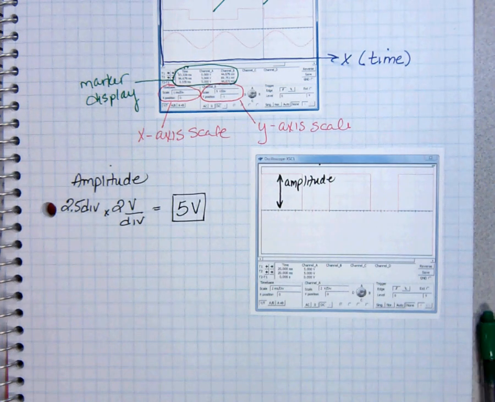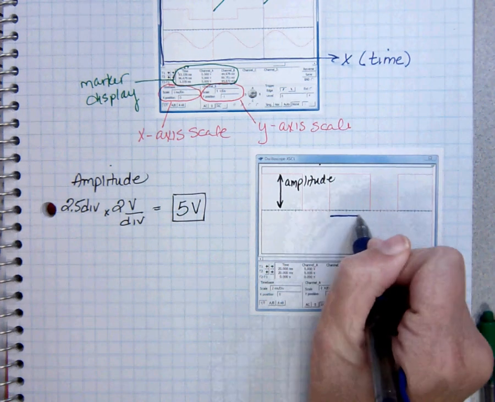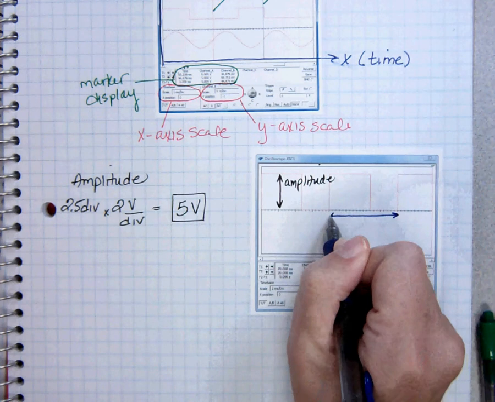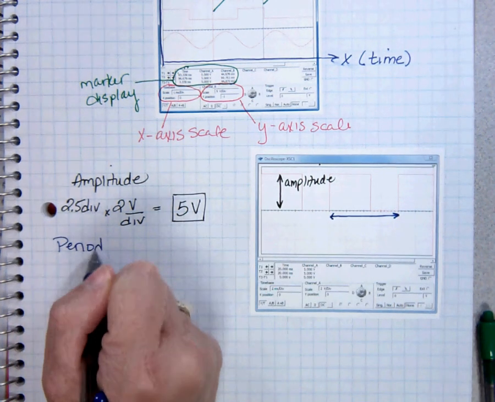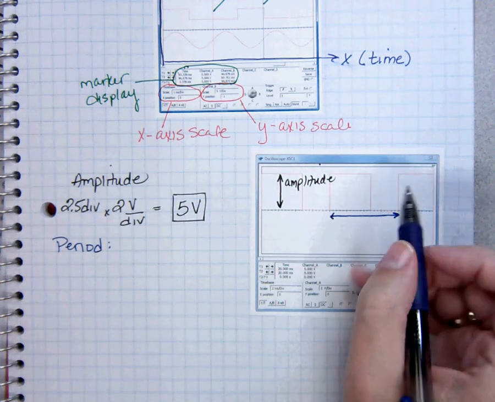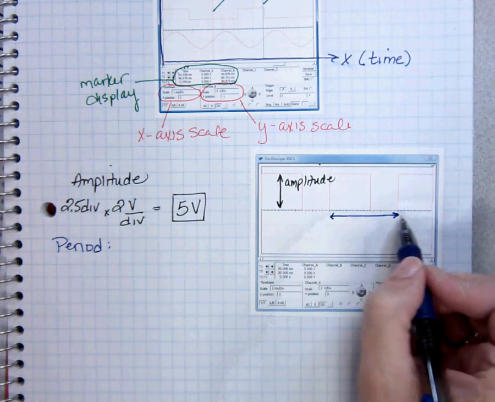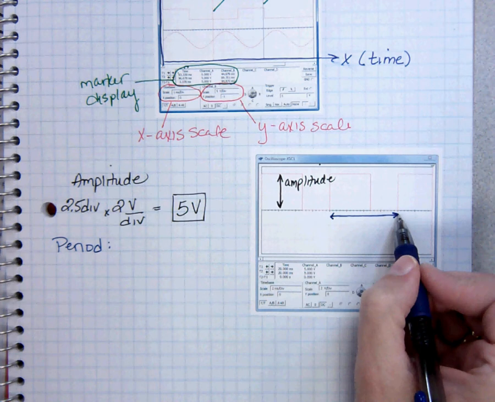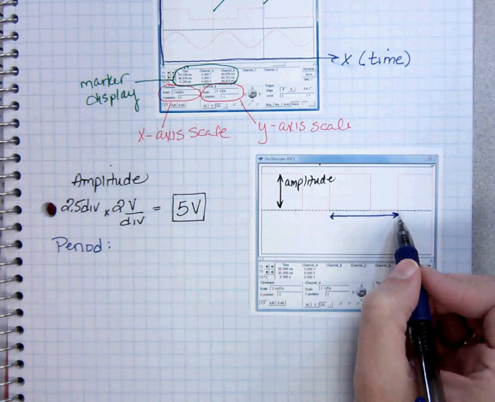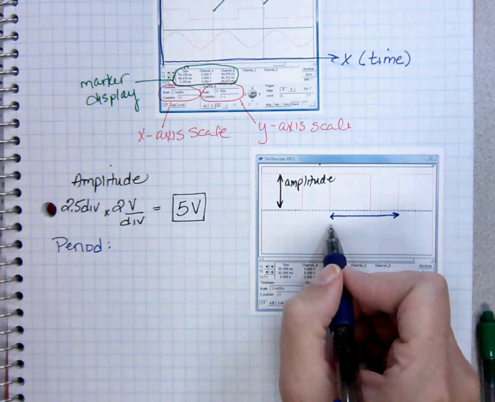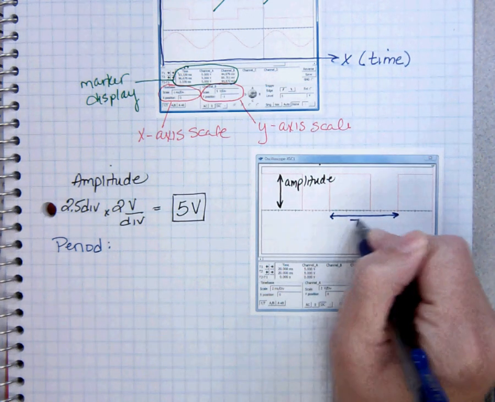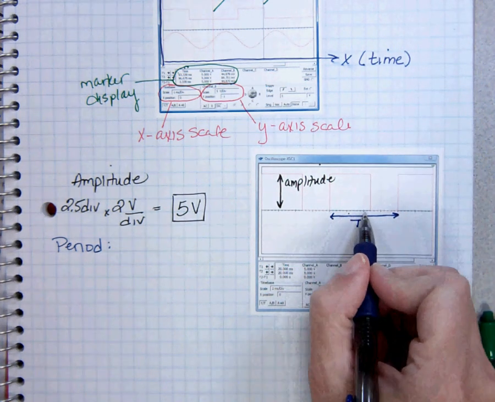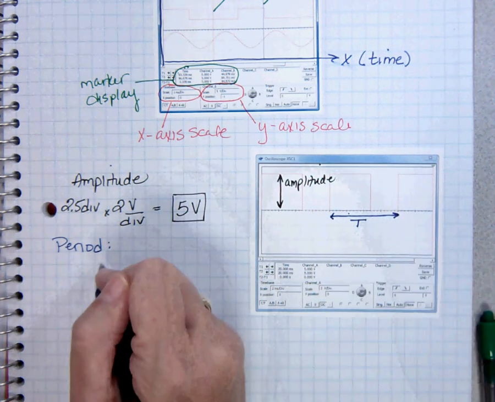Okay, period we can calculate from the x-axis. Period is the time for one cycle. I picked one that looked like it was at nice locations on my scale, so it'd be easy to pick off numbers. Again, I have to look at how many divisions I have. In the x-axis for period, I have 4 divisions.